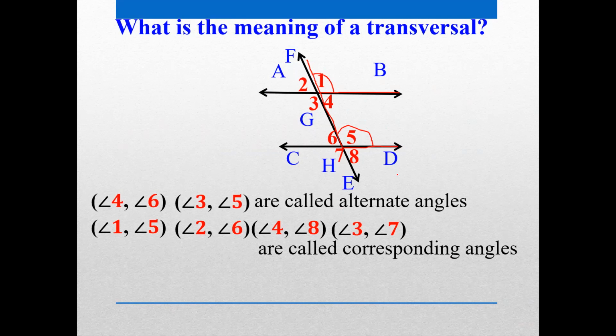And angle 2 and angle 6 are also corresponding angles. Angle 2 and angle 6 are also in the form of the letter F. So the two angles are corresponding angles.